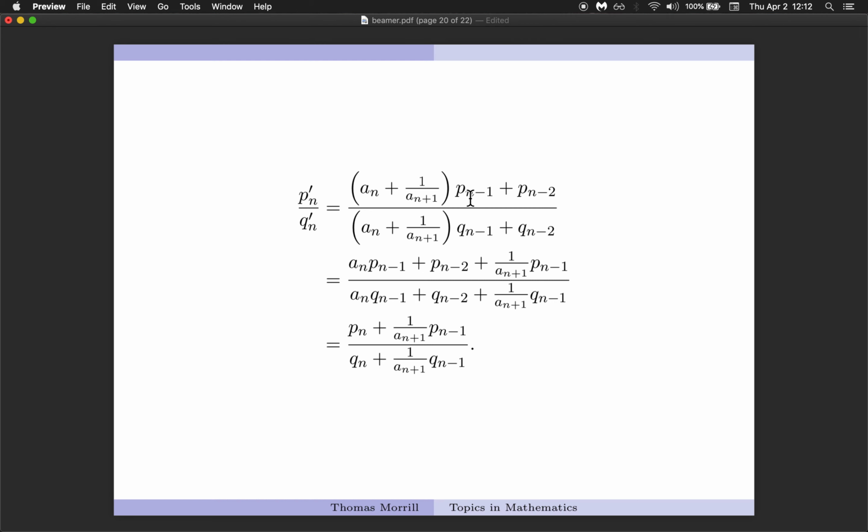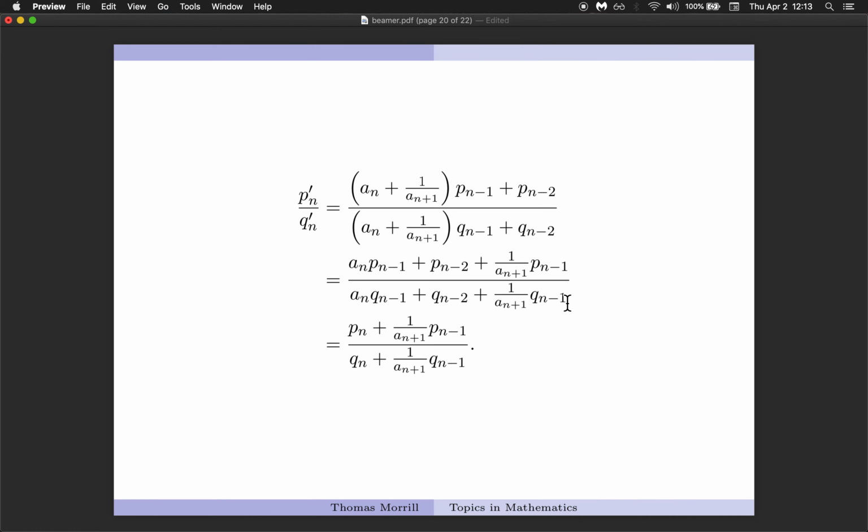So I've just expanded that out on the numerator, expanded the same thing out on the denominator, and now I claim here I've got the number an, the previous numerator pn minus 1, the previous numerator pn minus 2. Well, what is that but my good old pn from my convergent approaching alpha. And I've also got this 1 on an plus 1 pn minus 1 hanging around.